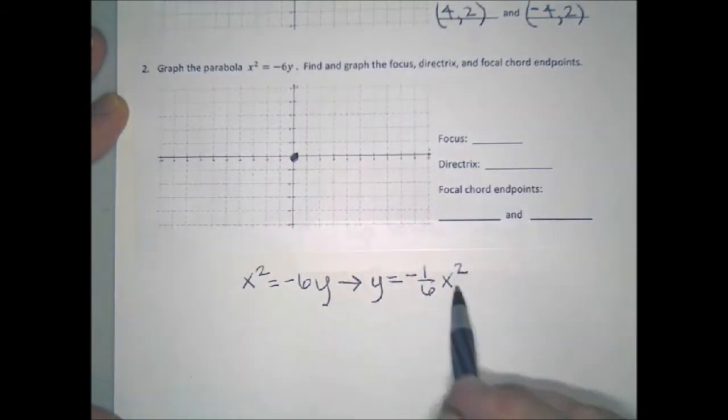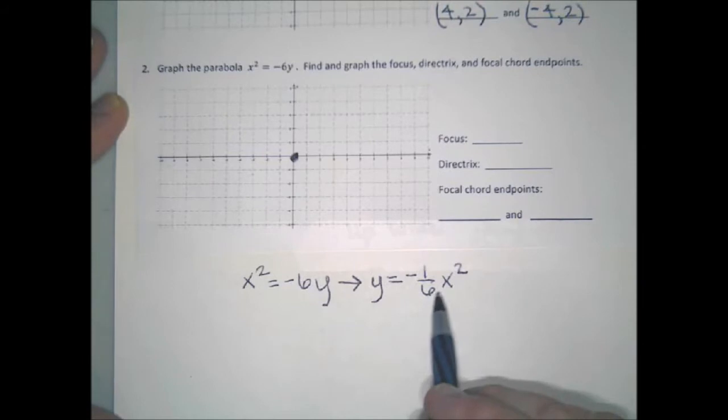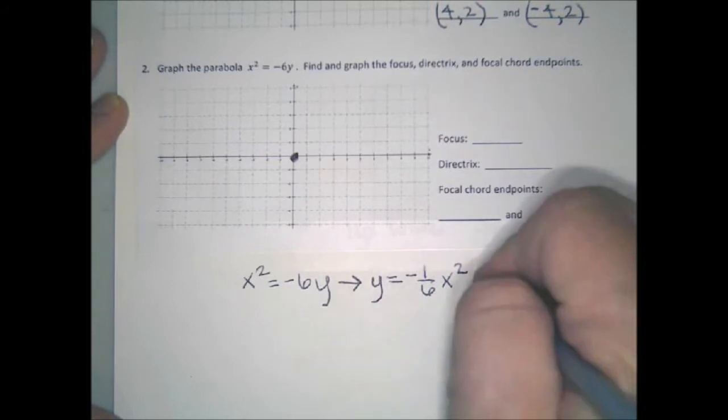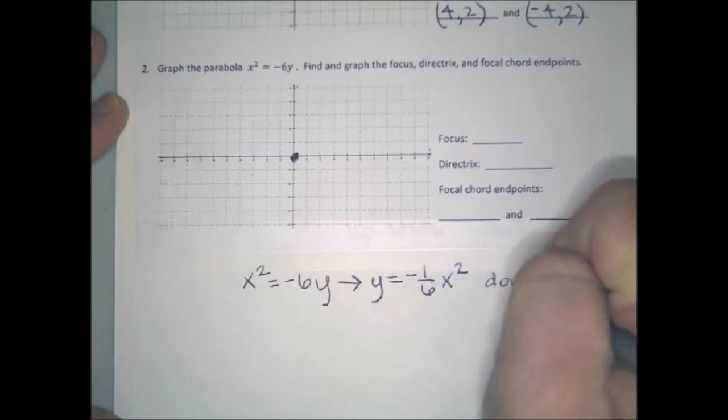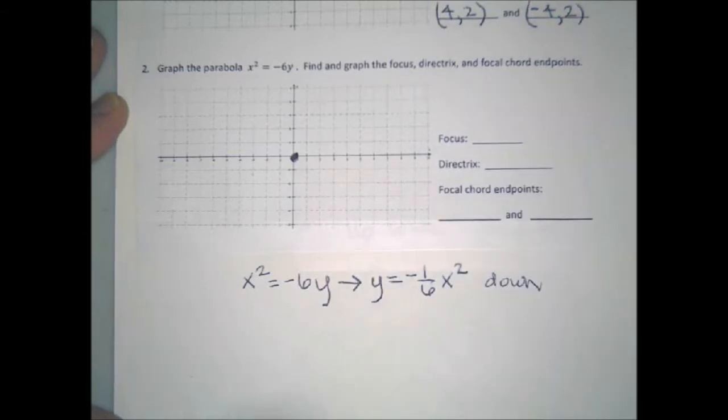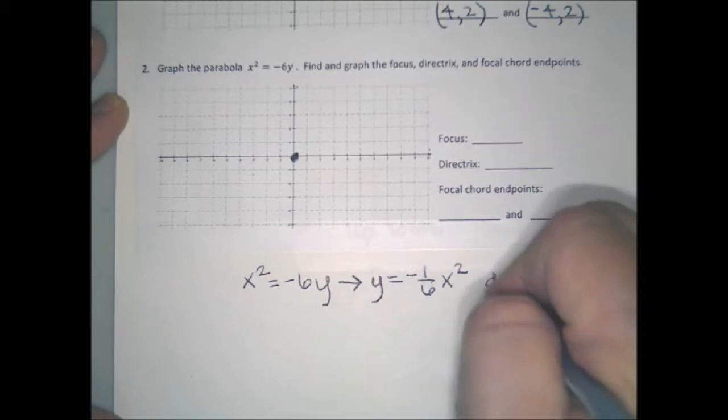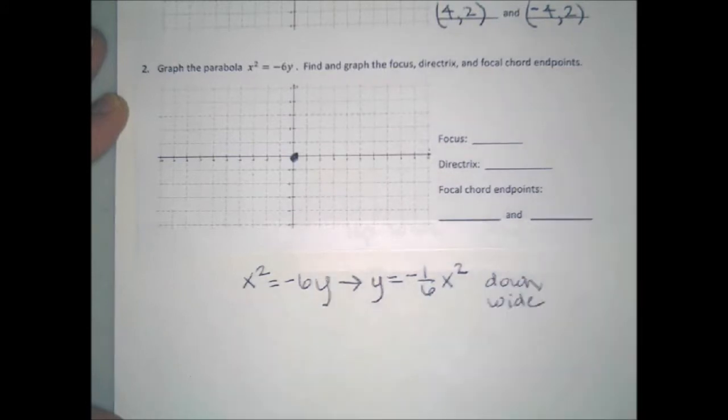I want that leading coefficient to tell me something, and it does. What it tells me is I have a down parabola. The parabola I'm going to make is going to face down, and again, because it's 1/6, it's going to be wide.